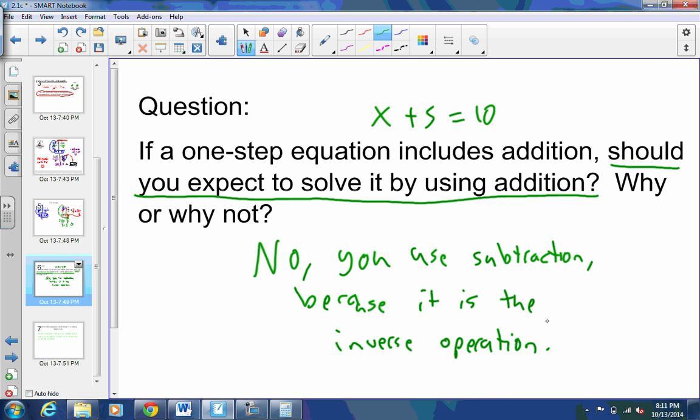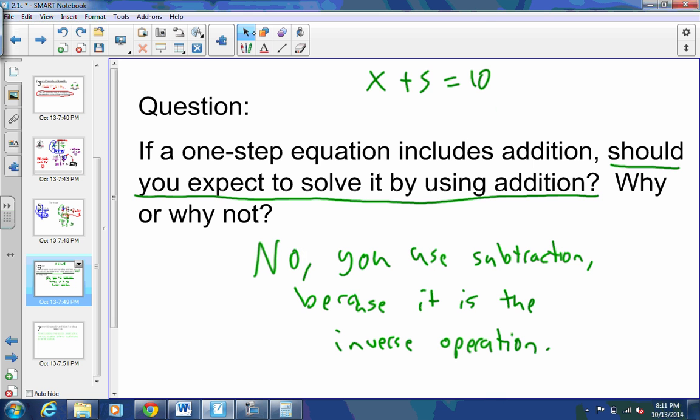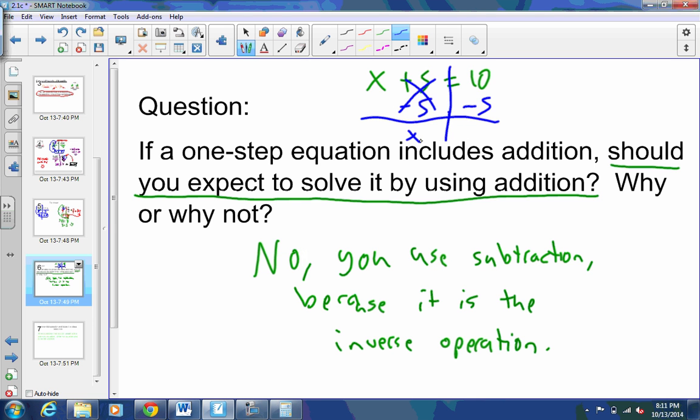Right? And of course, with x plus 5 equals 10, you subtract both sides by 5. And this will cancel out. You get x equals 10 minus 5, which is 5. Subtraction. All right, so that's a good question to think about.